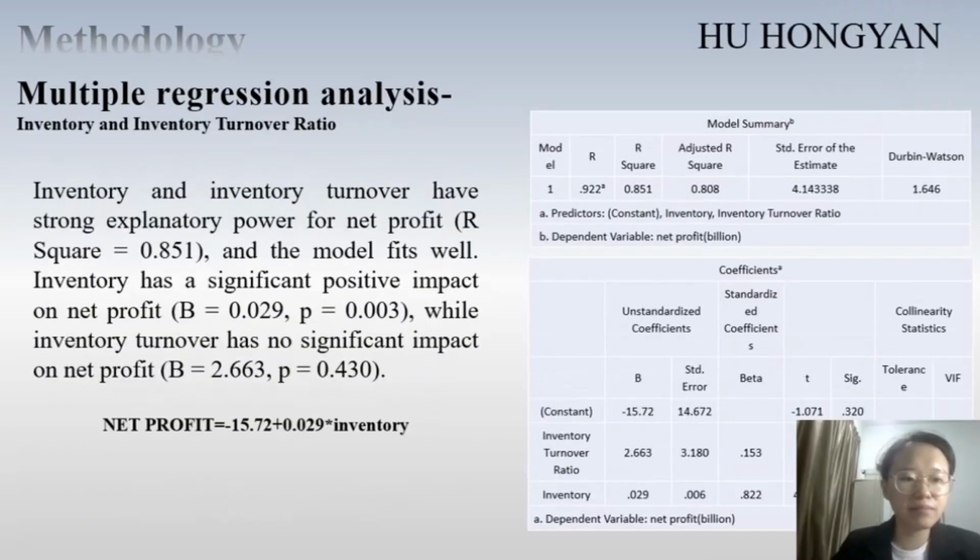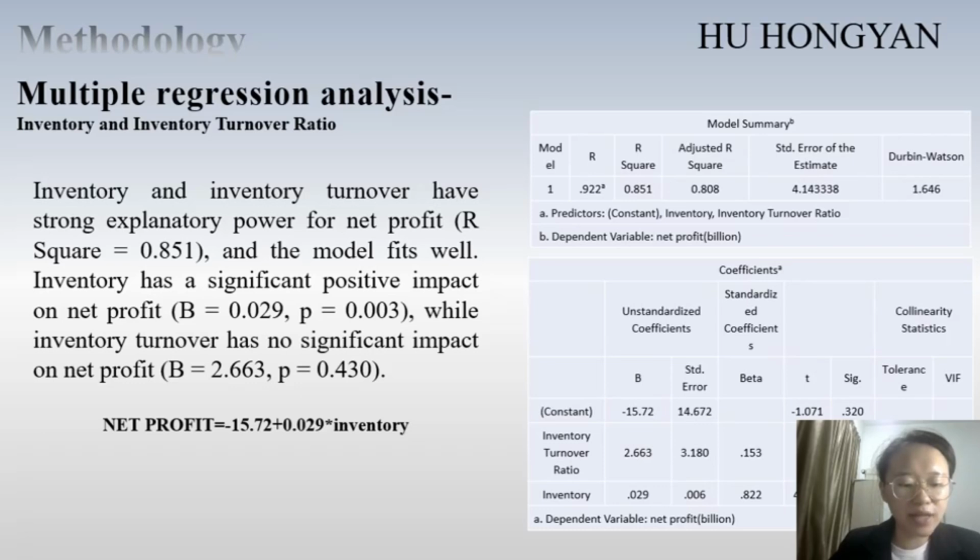Next part, multiple regression analysis: inventory and inventory turnover ratio. From the table, we can see that the adjusted R square is 18.8%, indicating that the model has a low explanatory power.